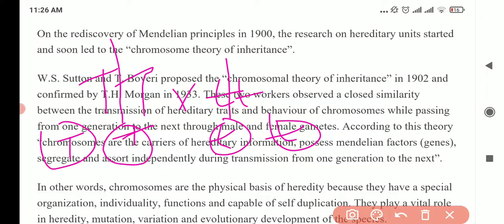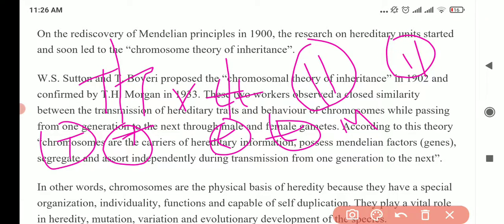Now let's draw the chromosome theory of inheritance. Let's say this is a diploid cell, a male diploid cell, and this is a female diploid cell. I'll give squiggly lines to make it easier to differentiate. This is a female one. Then, during meiosis, what did we observe?